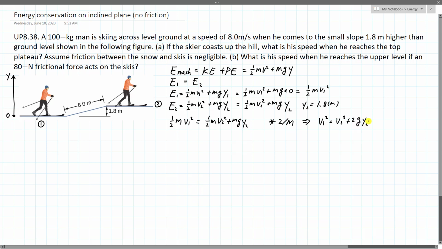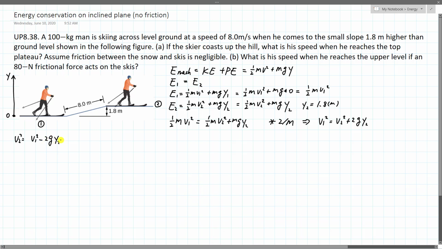Since the question is the speed v2, I can solve for v2. So let's start from here. v2 squared is equal to v1 squared minus 2g y2.